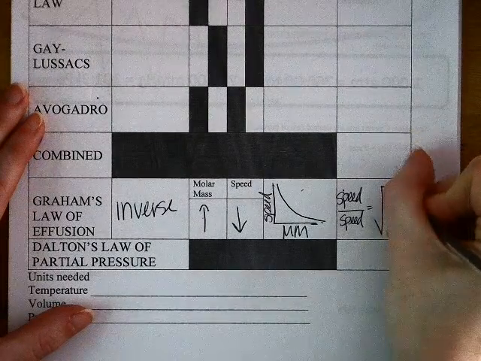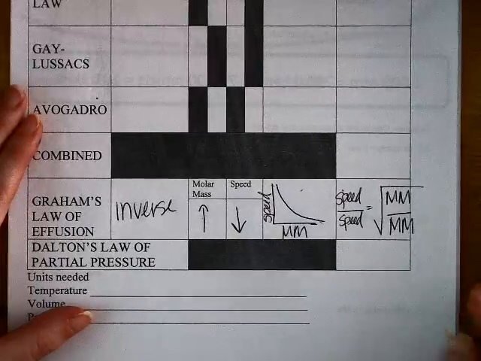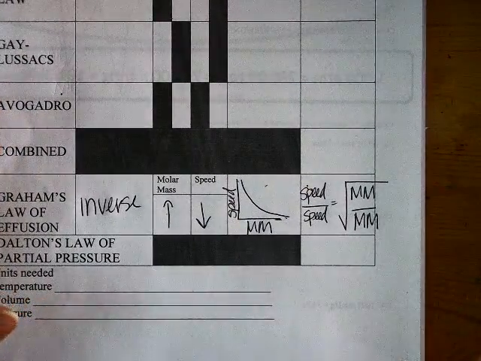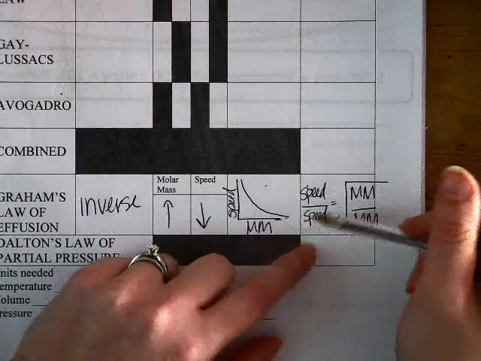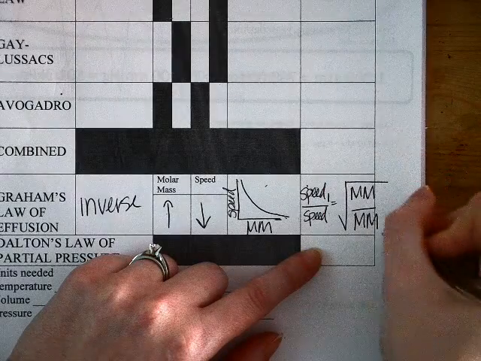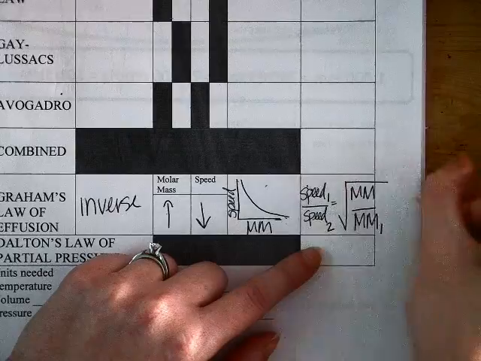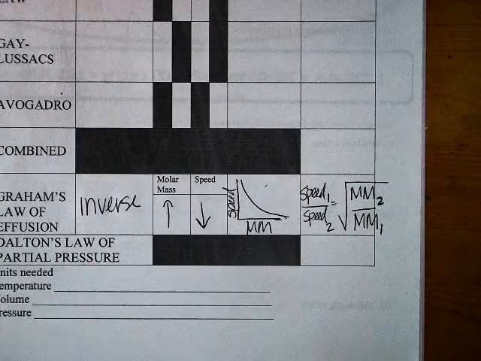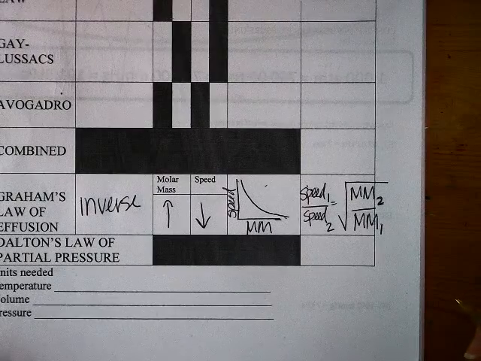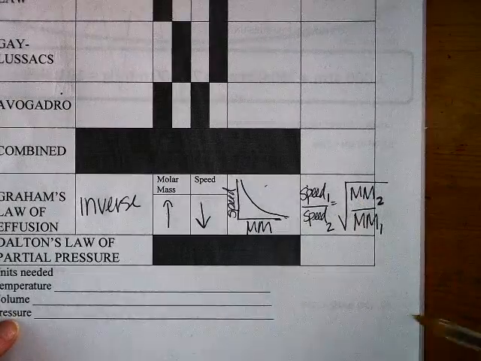And so we're going to see our molar masses underneath the square root. Now don't worry, we don't have to solve for this equation, okay? We do need to recognize it, but we don't need to solve for it. And here the variables are not on the same side, are they? So that means that they're going to be diagonal from one another because it's an inverse relationship. So, quick question. What would happen if we were... You would just multiply both sides by speed 2.